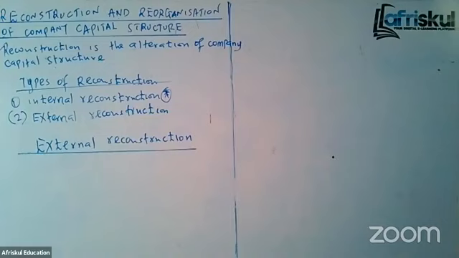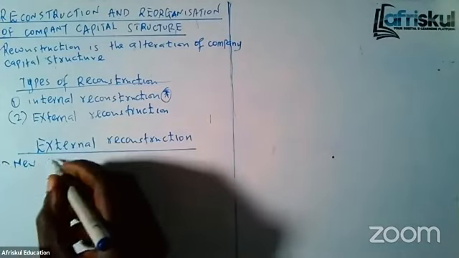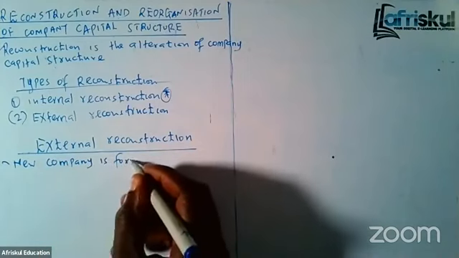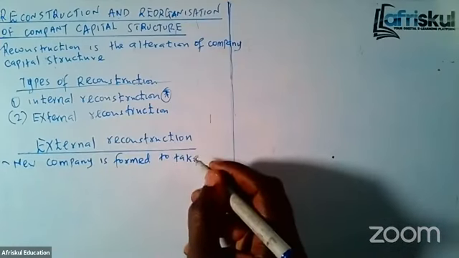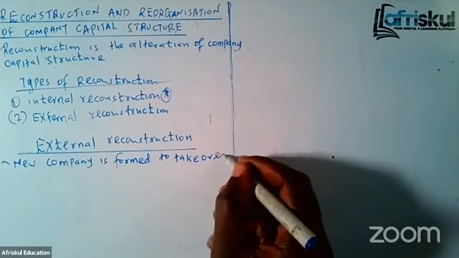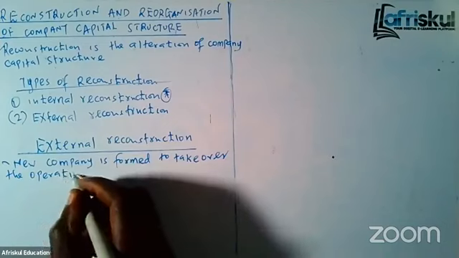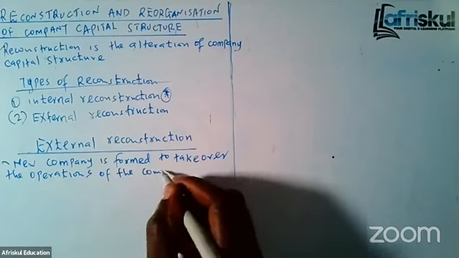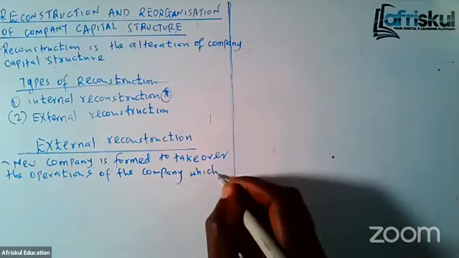Now under external reconstruction, you need to understand that a new company is formed. A new company is formed to take over the operations of the company which is under financial distress.